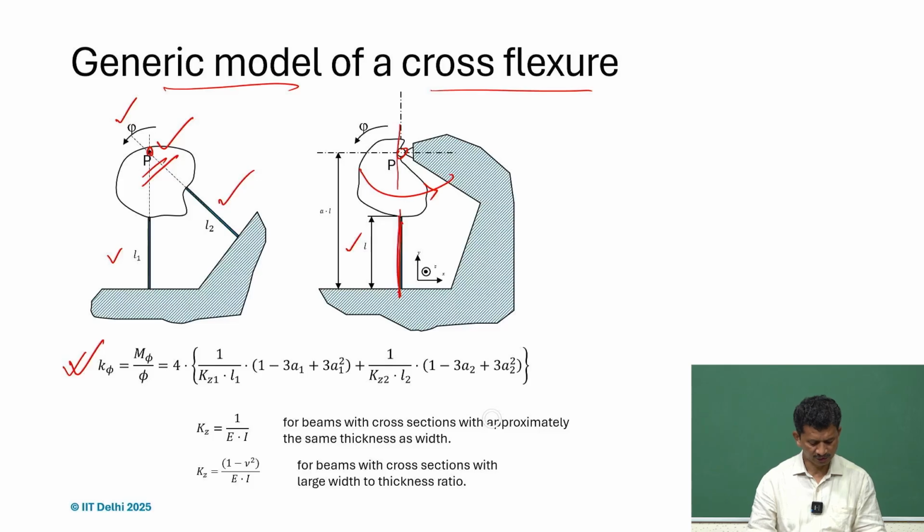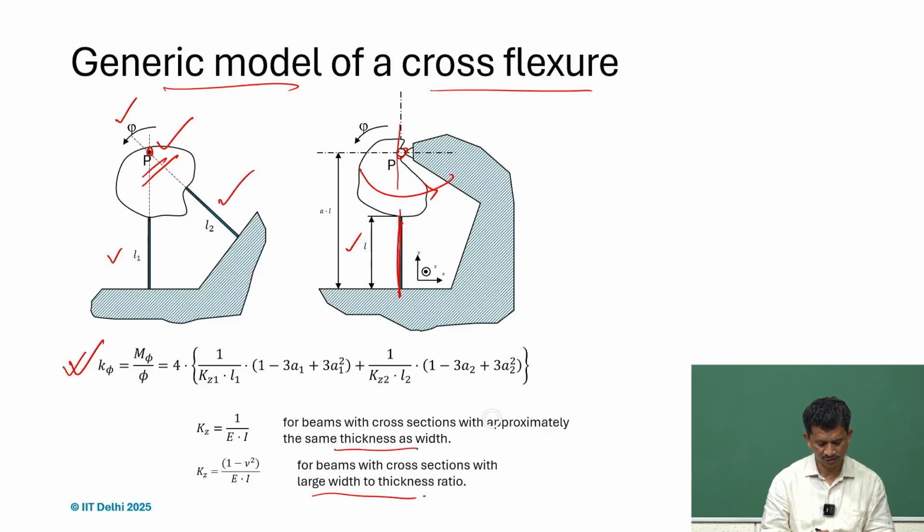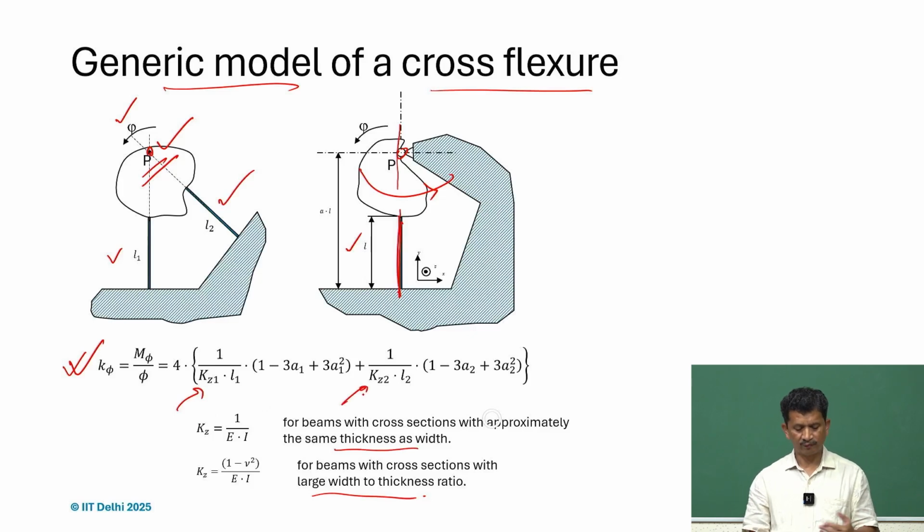Depending on whether we are talking about a large width to thickness ratio or the same thickness as width, this compliance factor will be different. Of course, if we need to calculate the stiffnesses for different kinds of flexures, we can always refer to the literature, find the details, and calculate.